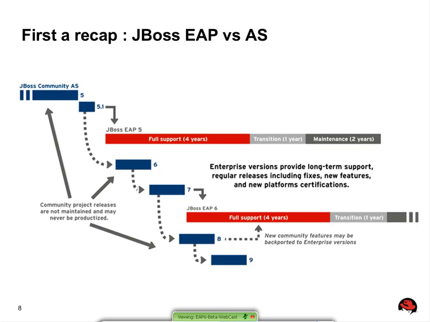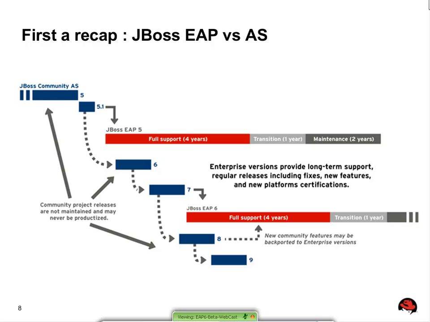The community projects are focused on driving innovation. They move very, very quickly, release fast and release often. We often break things in the community. The goal is to get new technology into the customer's hands as quickly as possible. It's a proving ground for new innovation, and we often compromise compatibility and that kind of long-term stability.